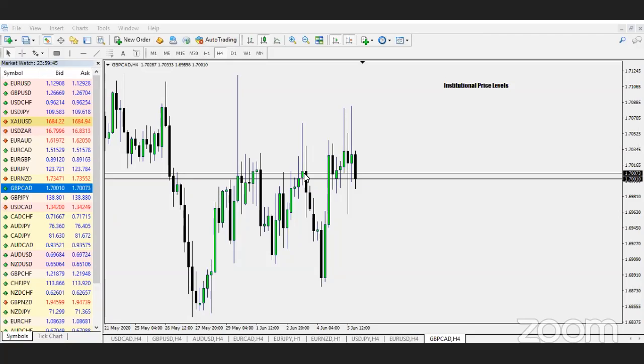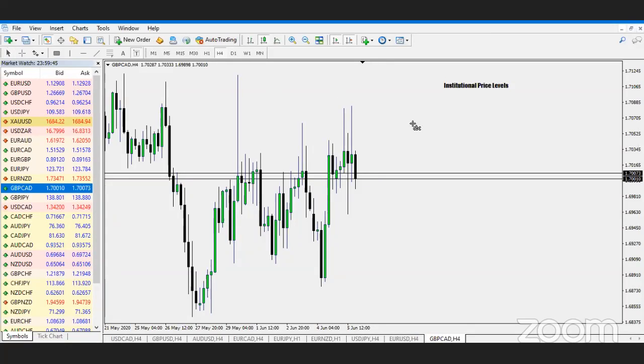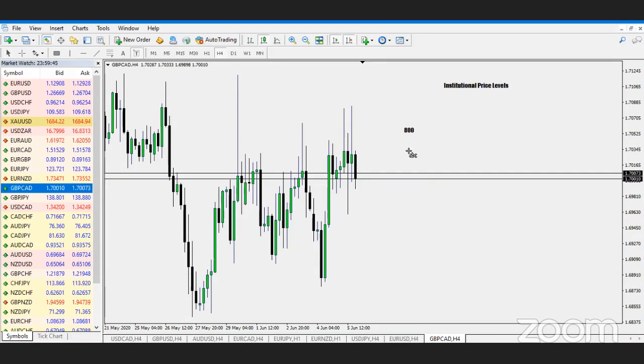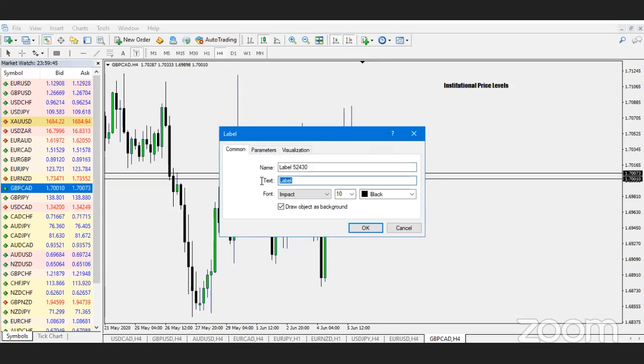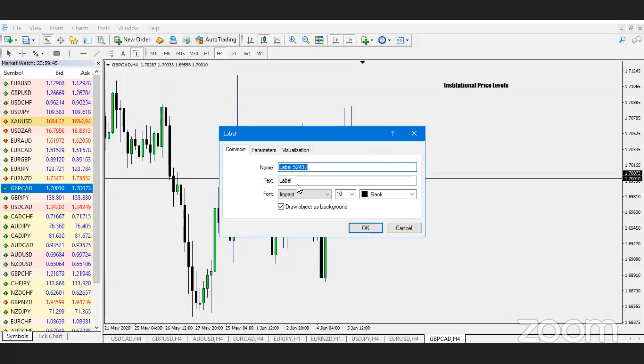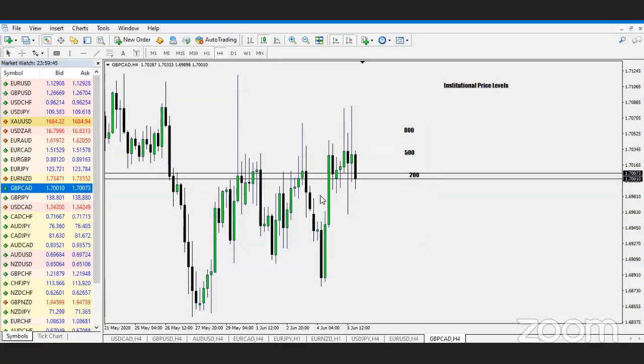Okay, so as you may or may not know if you've watched the previous videos, there are certain price levels that are very important when you trade. These price levels are not the retail levels that we are all accustomed to. They are specific levels on any chart.